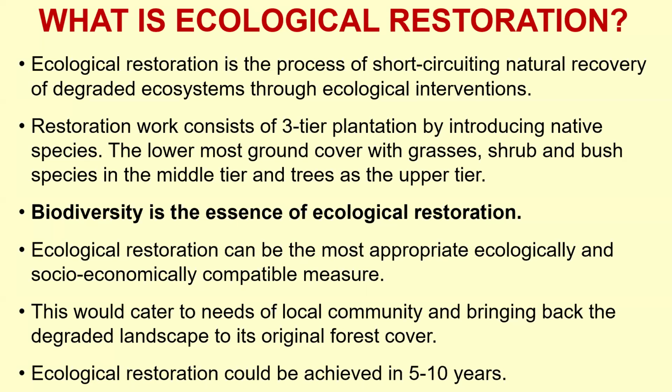Like a 3-tier in a train, the lower berth or the lower tier is of grasses, the middle tier is of the shrubs, and the third one is the trees, grown up mature trees. And in some thick forests like Amazon forest and even in our Assam forest, we can find even a 5-tier forest.